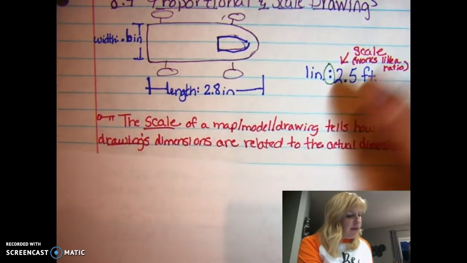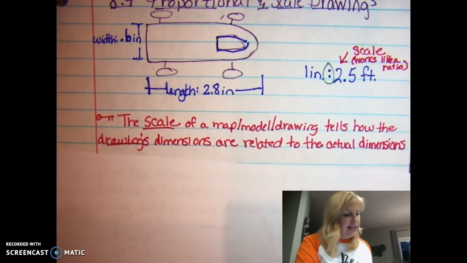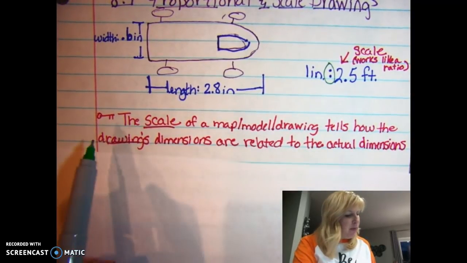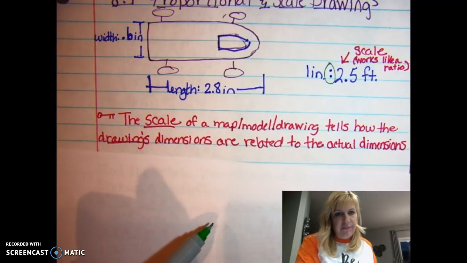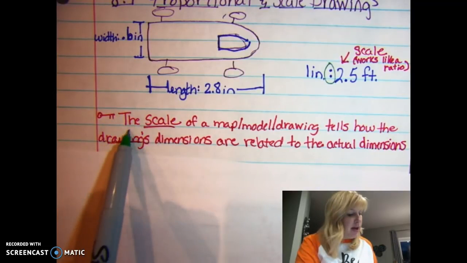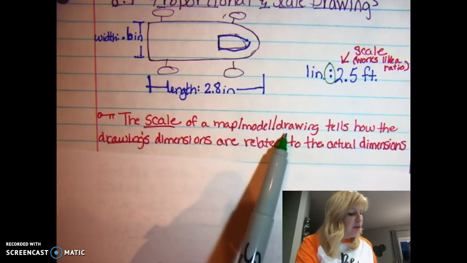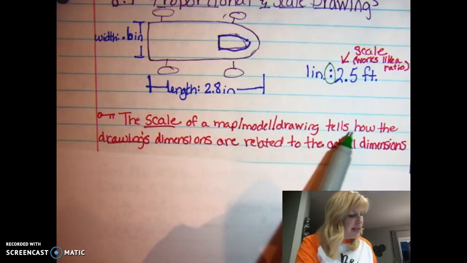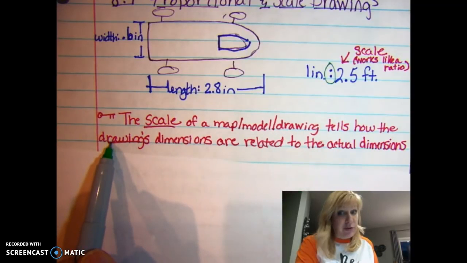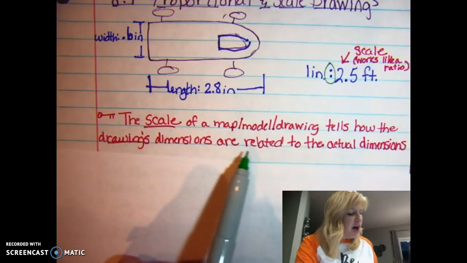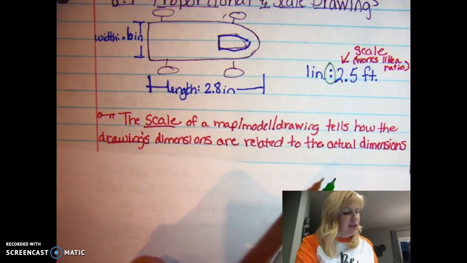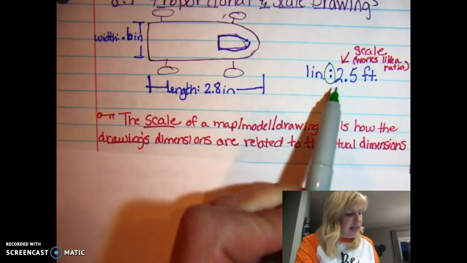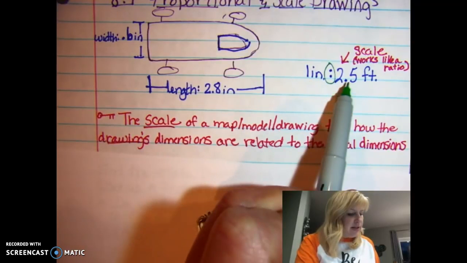So all of this is really easy to see, but I want you to have the actual definition. If you want to pause and write this down: the scale of a map, model, or drawing, it could be any of those things, tells how the map, model, or drawing's dimensions are related to the actual dimensions. That's a fancy way of saying this is to this.